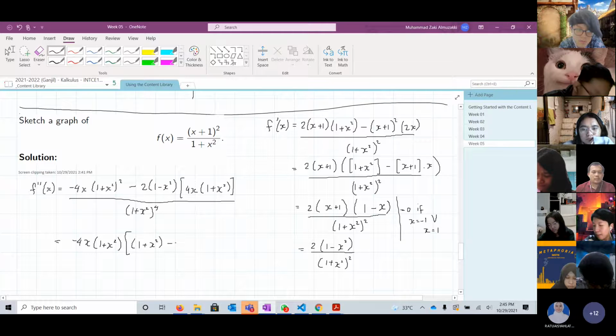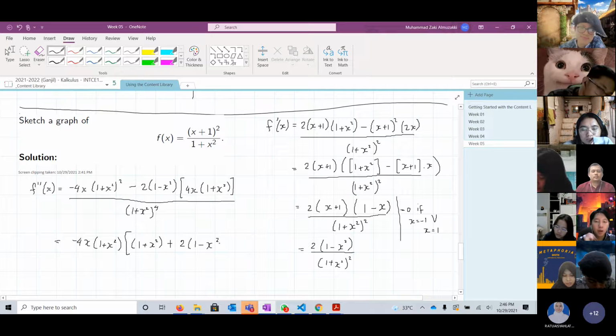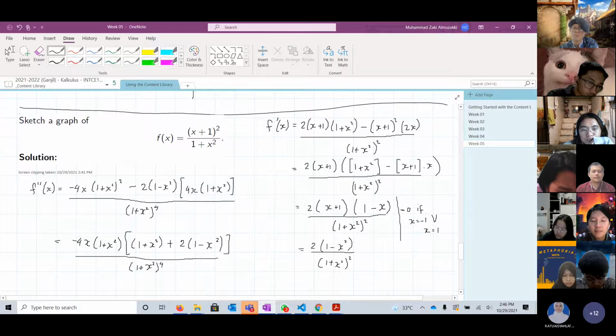So we have minus, not minus, plus 2 times 1 minus x squared, I think. Yeah, it should be plus, divided by 1 plus x squared power 4.